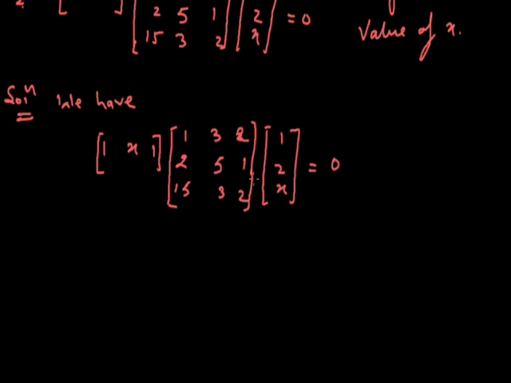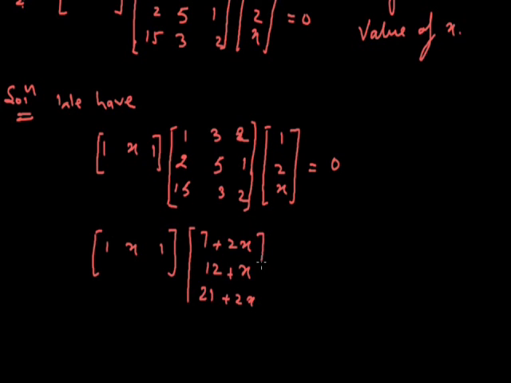Now first of all multiply these. 1 into 1 is 1, 3 into 2 is 6. So 1 plus 6 is 7 plus 2x. Now 2 into 1 is 2, 5 into 2 is 10, so 10 plus 2 is 12 plus x. Now 15 plus 6 is 21 plus 2x. Now it is equal to 0.